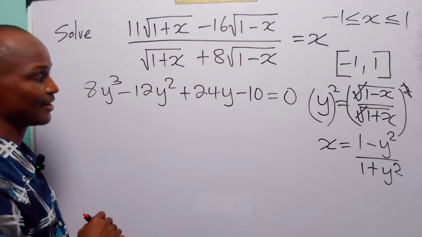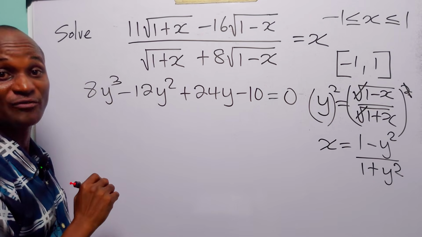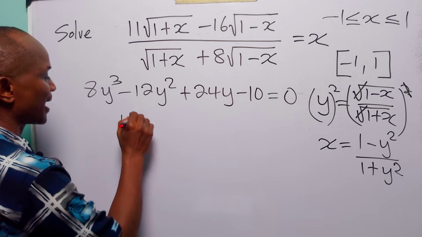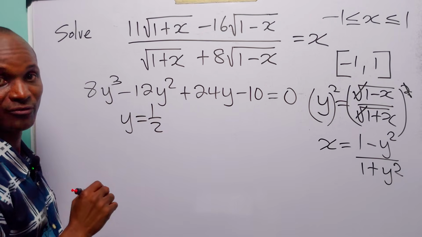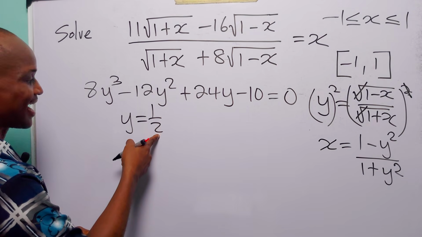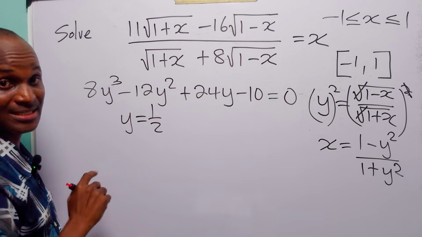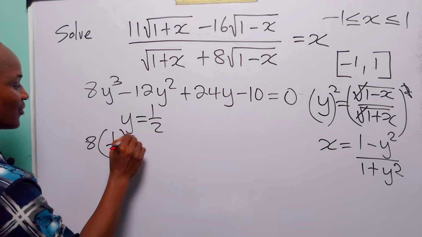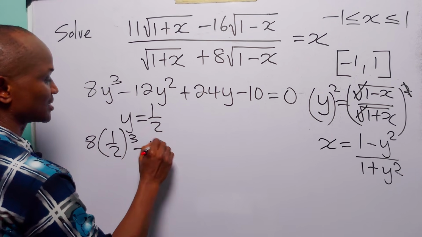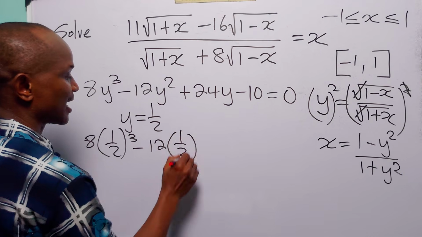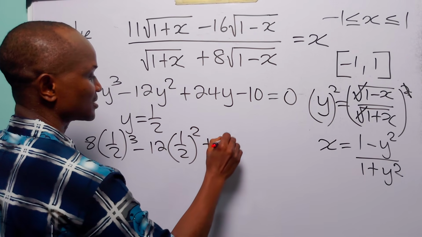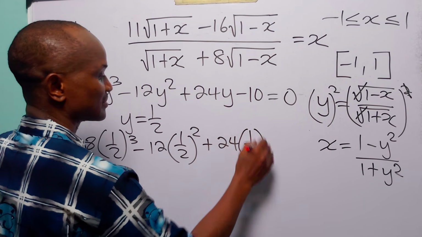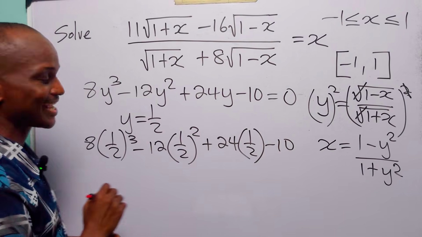By trial and error, we have that one of the roots of this cubic equation is y equal to half. When we substitute half for y into the left-hand side, we have 8 times half cubed minus 12 times half squared plus 24 times half minus 10.